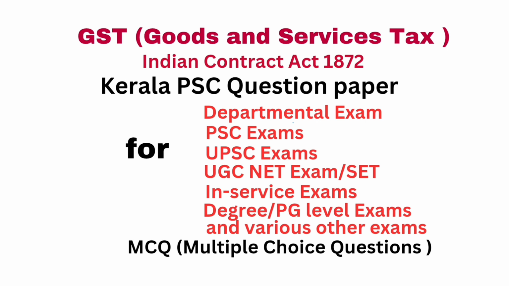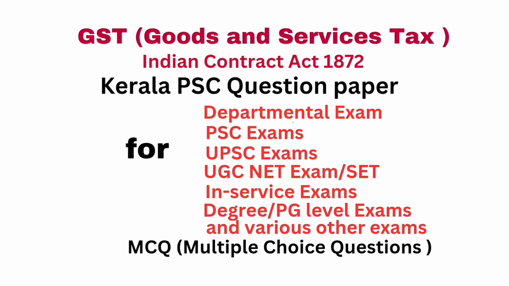Answer, input tax. Question number 15. A supplier is liable to register under CGST Act in a state or union territory other than special category states if his aggregate turnover in a financial year exceeds, answer, 20 lakh.